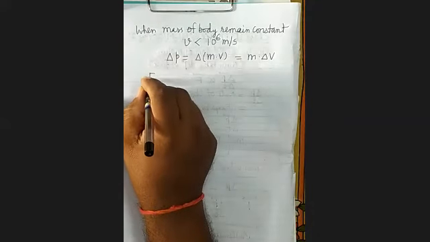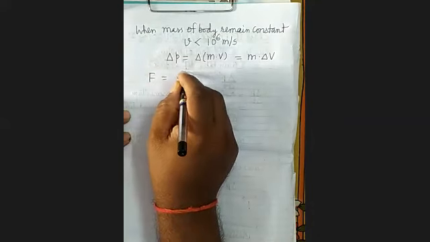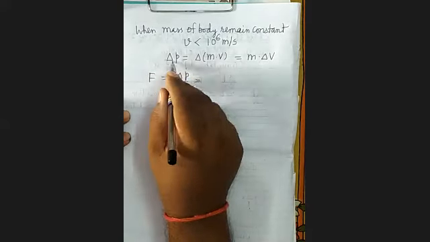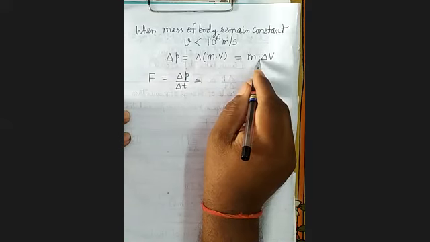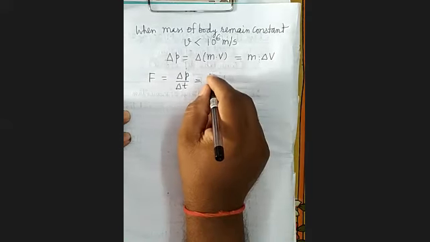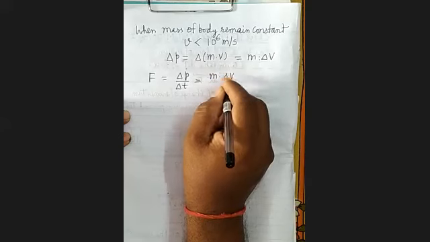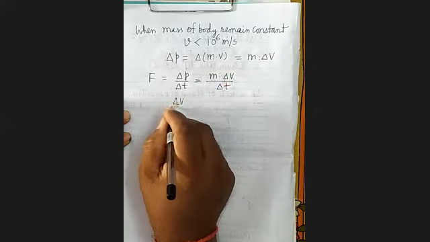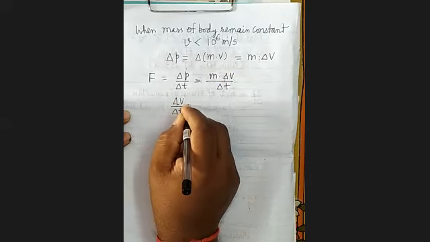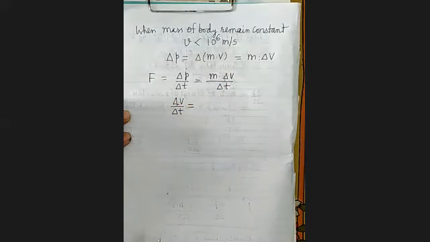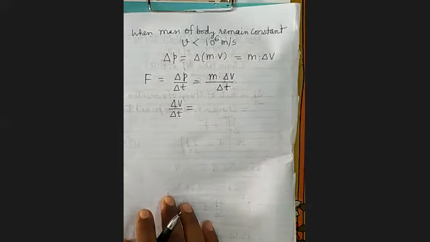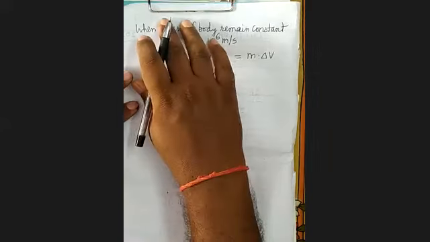Therefore, what will be F? It is delta P upon delta T. In place of delta P, you can write M into delta V. So, M into delta V upon delta T. What is delta V upon delta T? Who can tell? It is acceleration. It is clear?